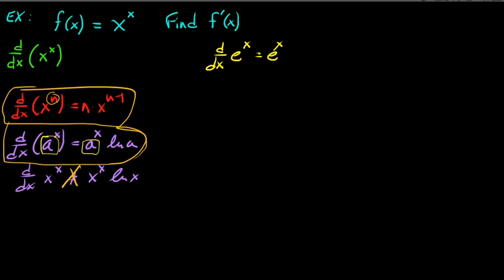Well, like I say, it's a little tricky, but it's a technique that we have seen before. We're going to use logarithmic differentiation. In other words, we're going to take the logarithm first and then take the derivative.